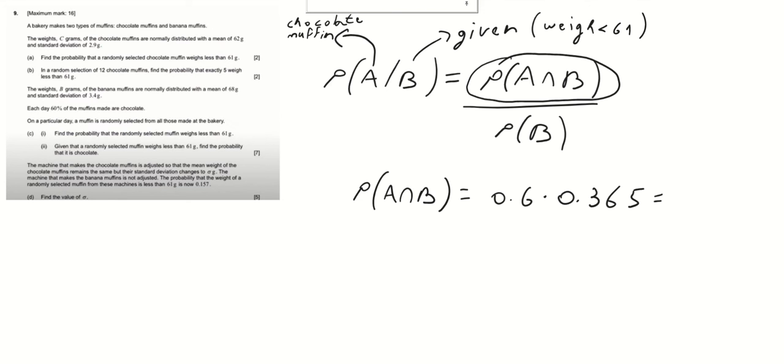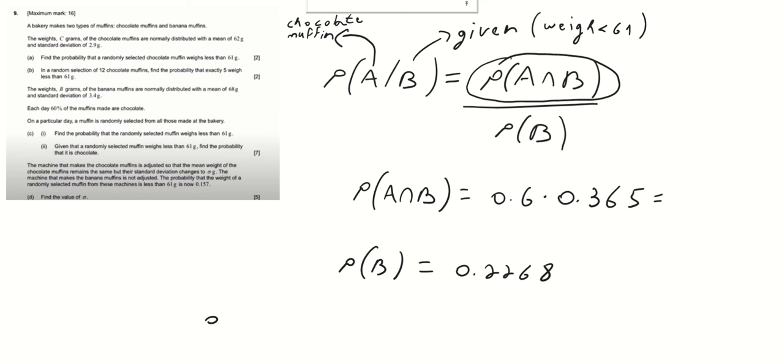Now, P of B is the probability that a muffin will weigh less than 61. It can be a banana muffin, it can be a chocolate muffin. So this one was calculated in C1. So we know already the answer here, and this is 0.2268.